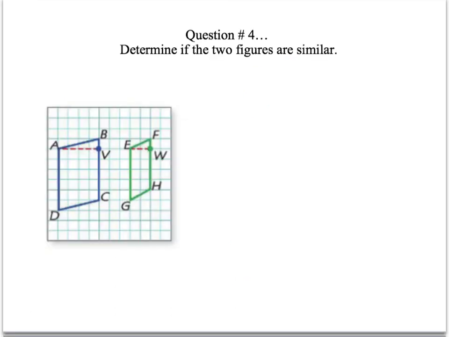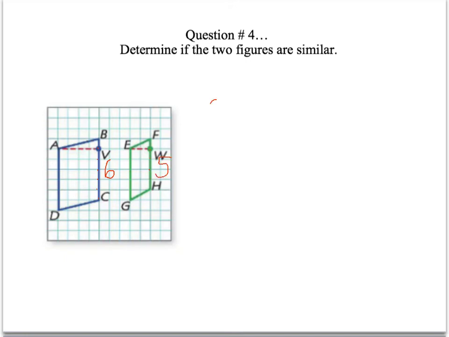Question number 4, so if you skip a line and write number 4, we're going to determine if the 2 figures are similar. And in order to do that, we need to know the lengths of the sides. And so we can count B to C as 1, 2, 3, 4, 5, 6. And F to H, 1, 2, 3, 4, 5.